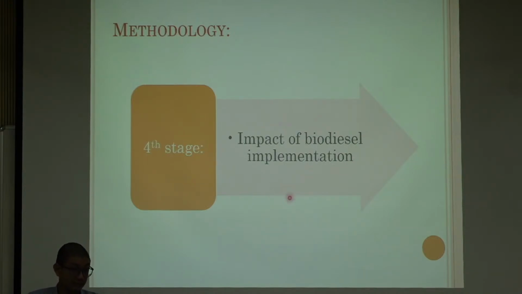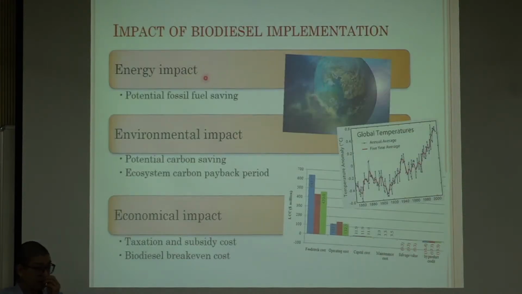So lastly, we also analyze what would be the impact. What type of impact? First is the energy impact, because we want to offset the fossil fuel. So what would be the economical impact? How many percent or how much of the fossil fuel can be saved from certain policy implementations?